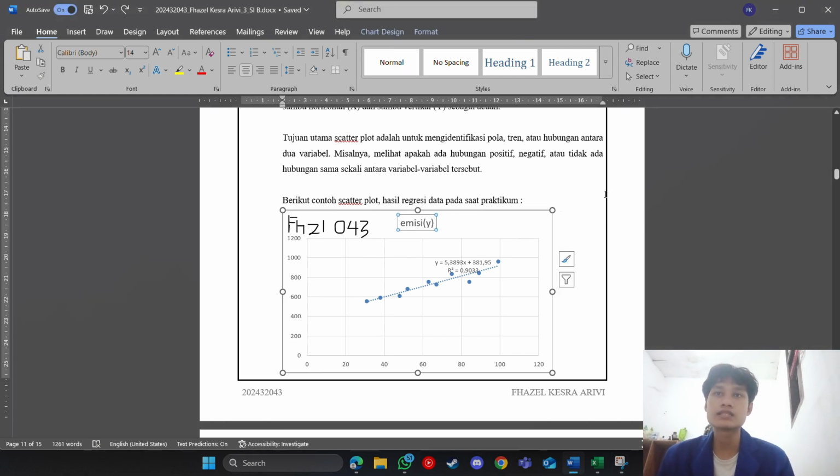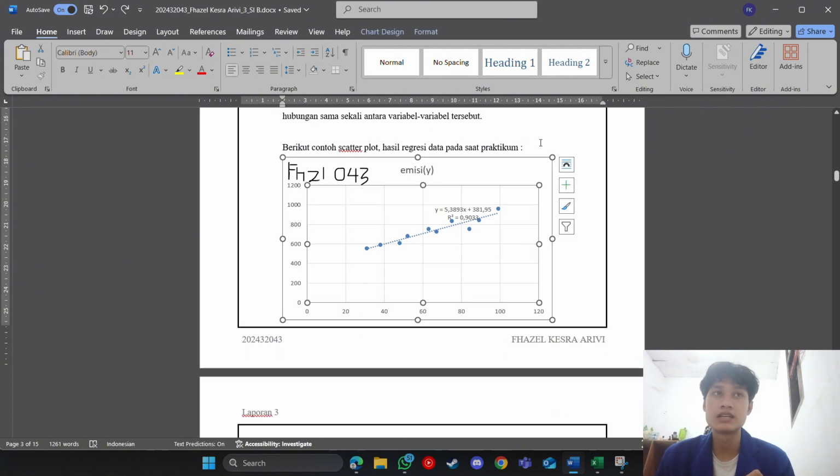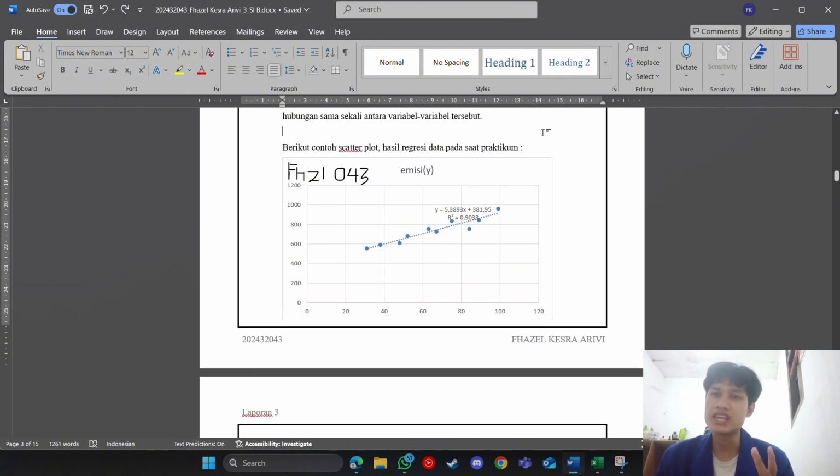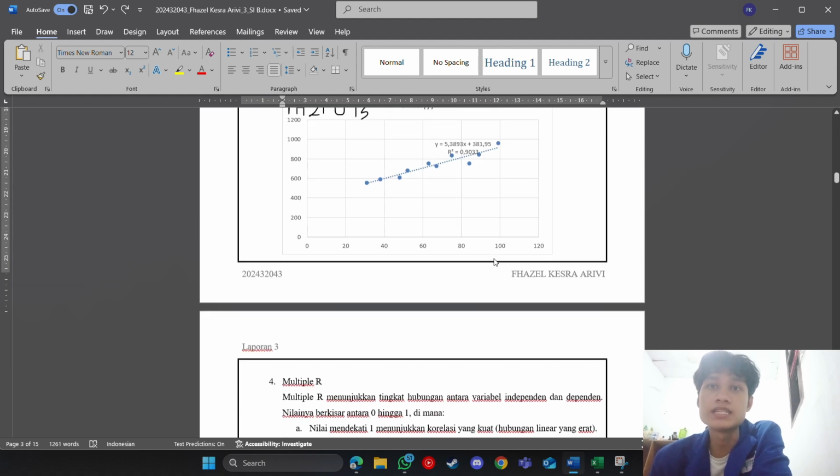So here is an example, like a graph of the regression. I am using a scatter plot here, with the formula y equals 5.3893 times x plus 381, and the r square is 1.9033.